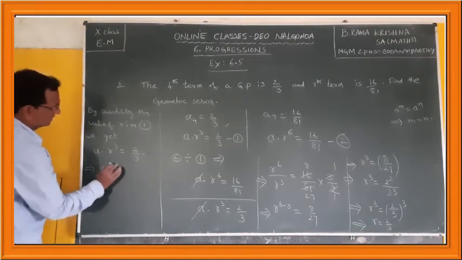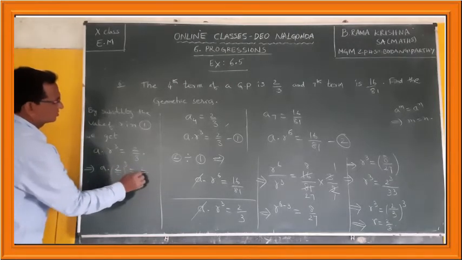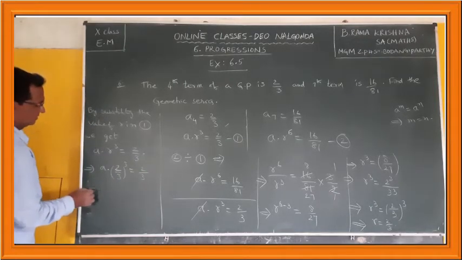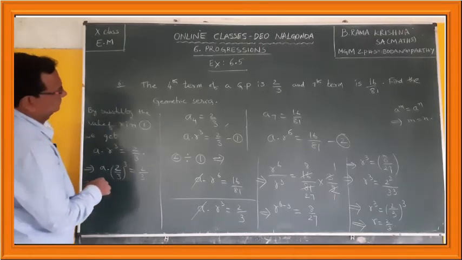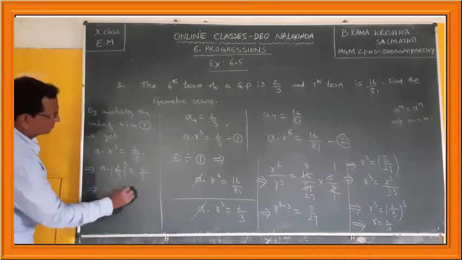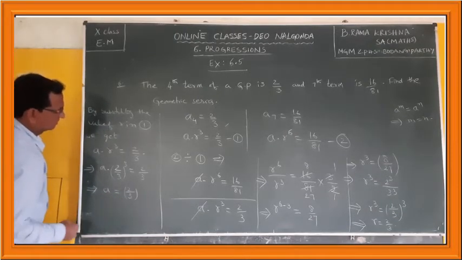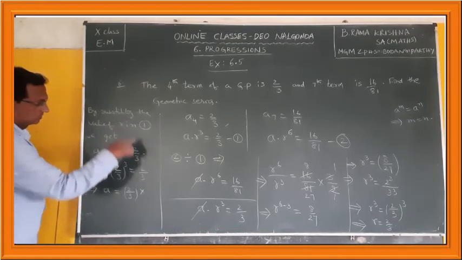We got 2 by 3. A into 2 by 3 whole cube is equal to 2 by 3, which implies A is equal to 2 by 3, into this is transposed to that side.